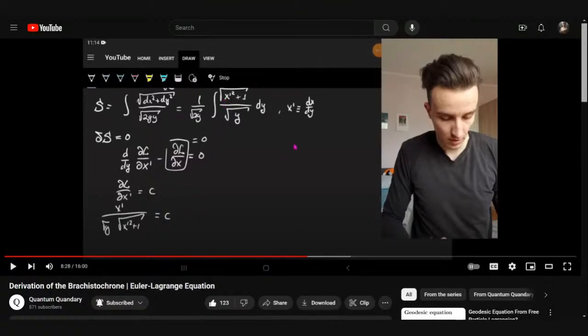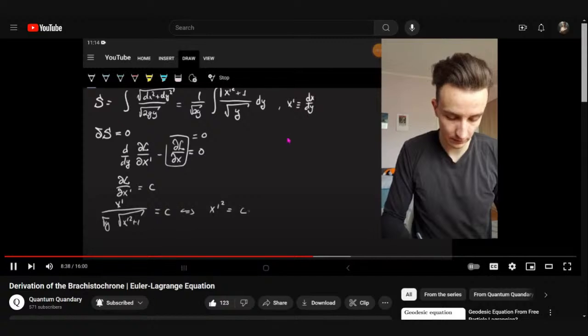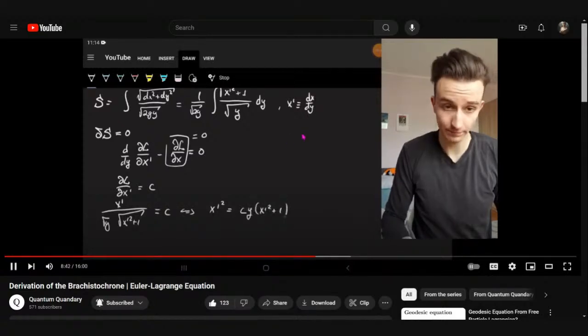I'm not going to do this now. And now we square both sides and multiply with the square roots. So we have x prime squared is c y times x prime squared plus 1.